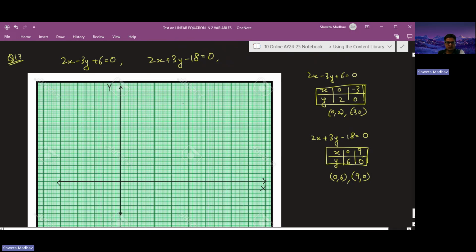So the y-axis is Y O Y dash, and the x-axis is X O X dash.